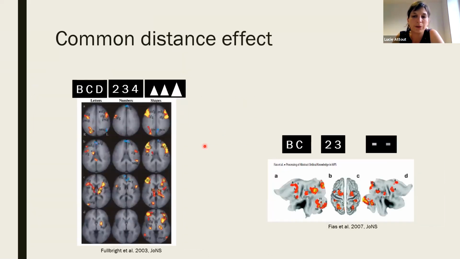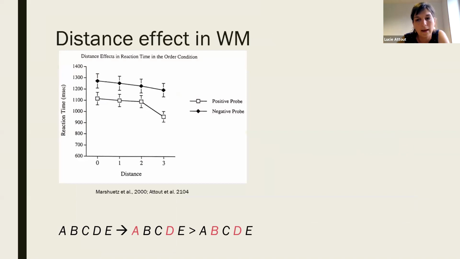Other studies have also found a sensitivity to the distance effect when we process different ordinal information, such as letters, but also different sizes of shapes or different brightnesses, in the IPS but also at the frontal level. And in another domain, the working memory domain, previous studies have also found a standard distance effect, characterized by faster response times to judge two memoranda from distant rather than close serial positions in the memory list.